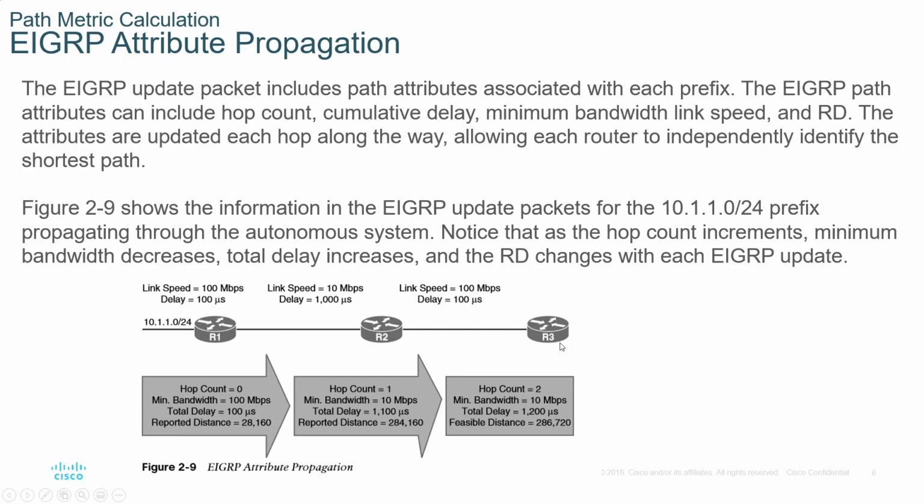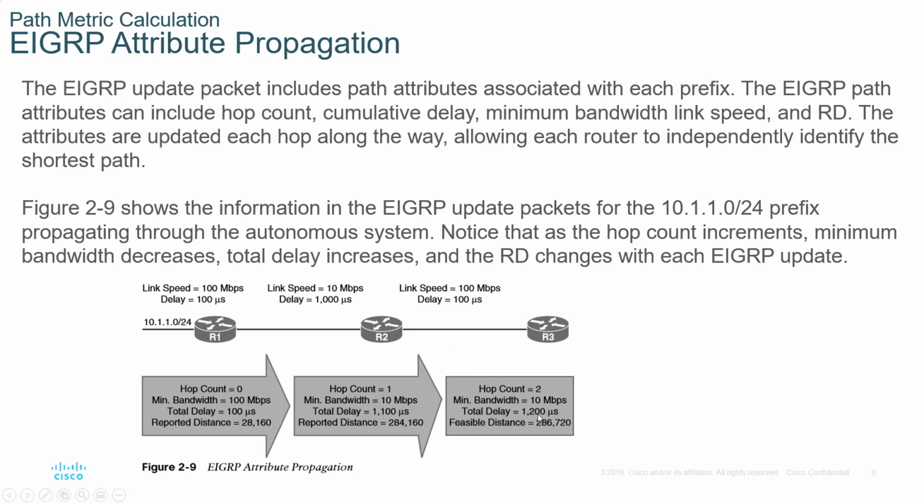Then off it goes to router 3, and we have the minimum bandwidth still at 10 because that's the slowest link in the path.